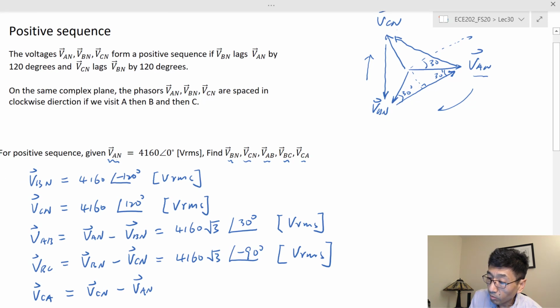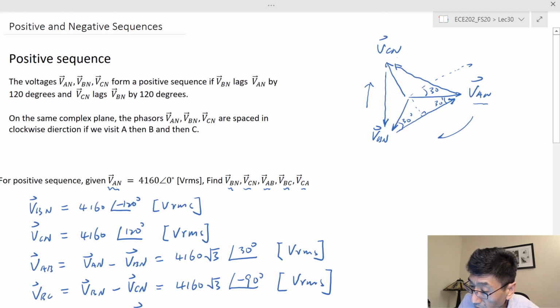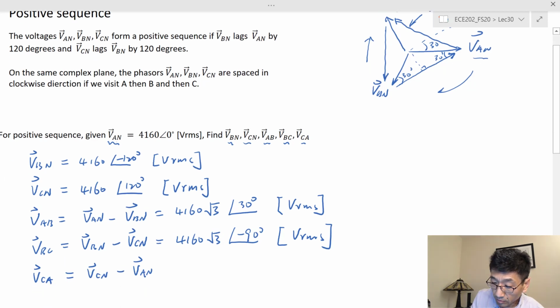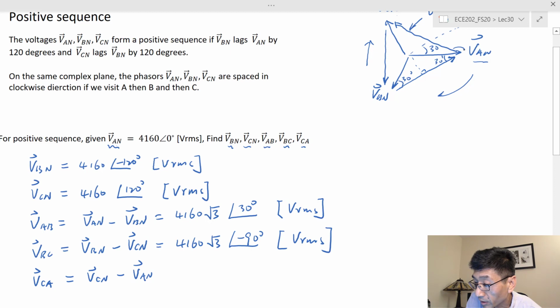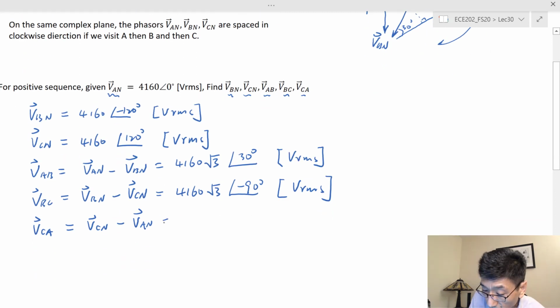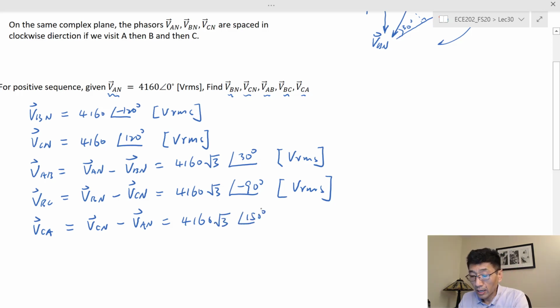So this is the VCA, and this should have 150 degrees, right? So that's going to be 4160 times square root 3 at 150 degrees. Look at these angles, right?